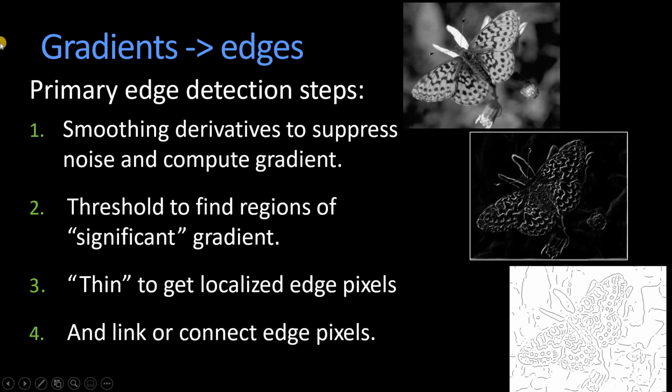So remember the theory, same thing. Gradients, we use them to detect edges. And the primary edge detection steps: you use the smoothing function in combination with the derivative to suppress the noise and then compute the gradient.